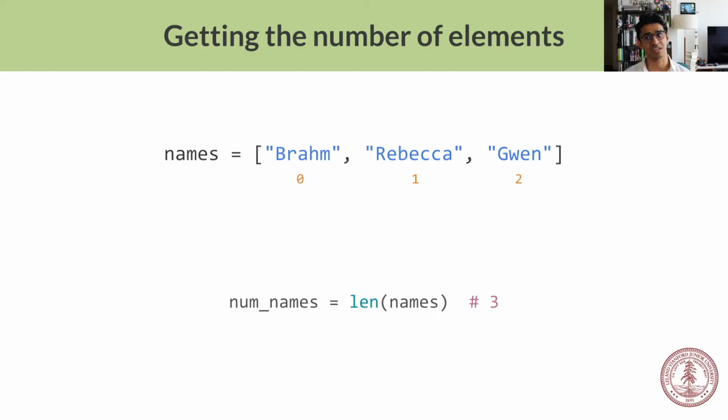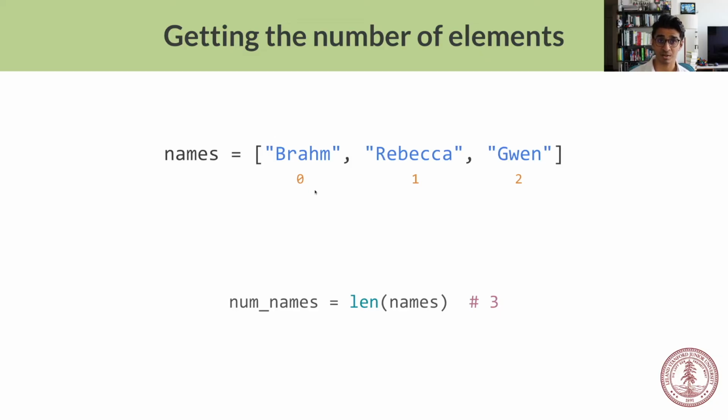Now there's an interesting detail over here, and that is that while indices start at 0, so Brum is the 0th element of this list, Rebecca is the first element of this list, and Gwen is the second element of this list, the len function does not start at 0. It starts at 1, and so it just counts the number of elements in a list like you or I would. It says, okay, there are 1, 2, 3 elements in this list, and so I'm going to give you back the number 3.